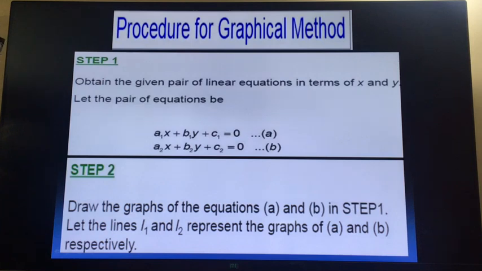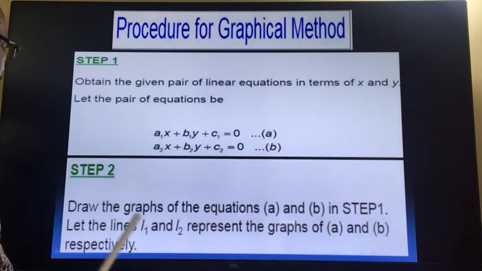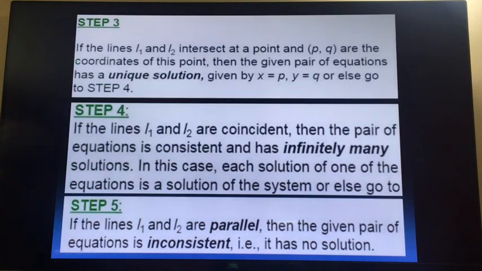Second step is to draw the graph of each equation. Let these lines be denoted by L1 and L2, representing the graphs of the first and second equations respectively. So see the graph.